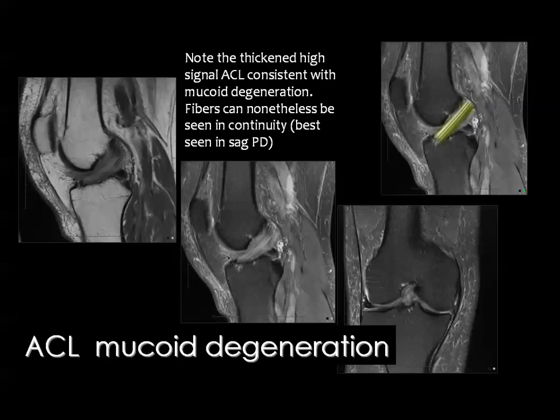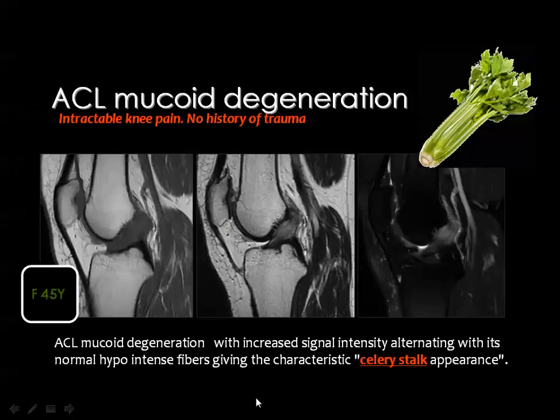In the images, you will see that the anterior cruciate ligament is swollen, and it shows abnormal increased signal in all pulse sequences. And if you look carefully, especially in the proton density image, you will see some of the intact fibers going through the swollen ligament. And this is exactly similar to this ciliary stalk.